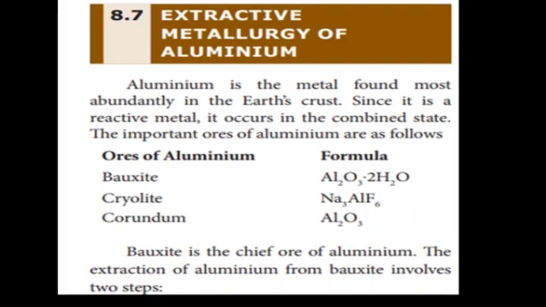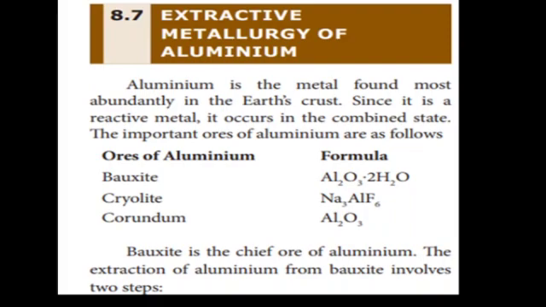Corundum is Al2O3. These are important ores of aluminium, but the chief ore of aluminium is bauxite.